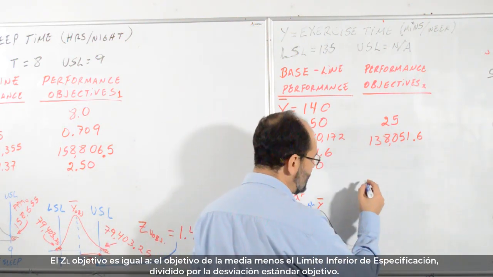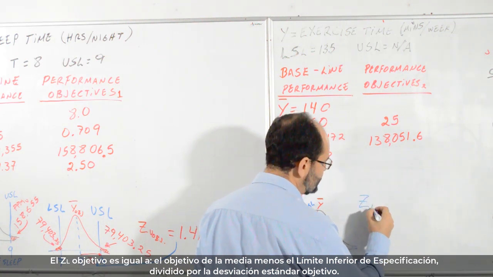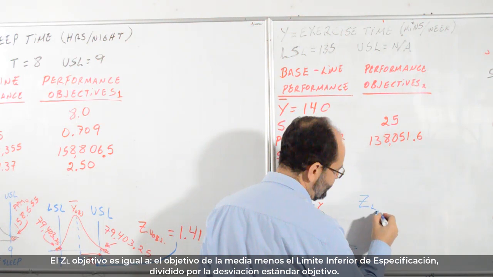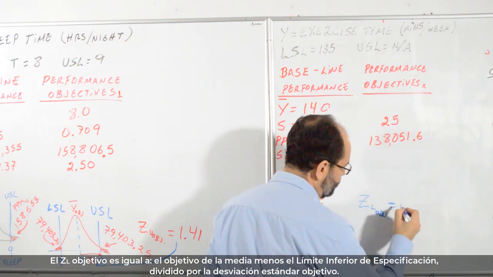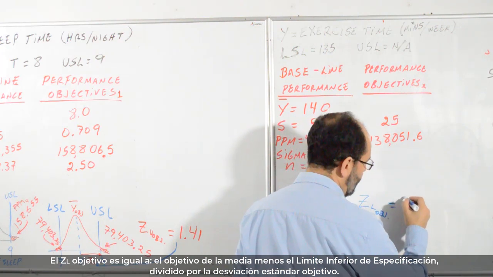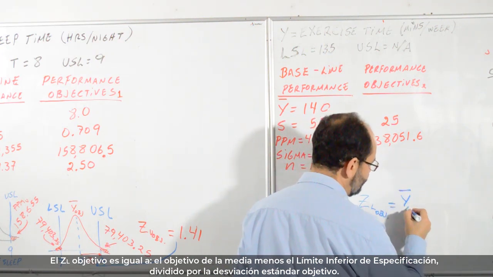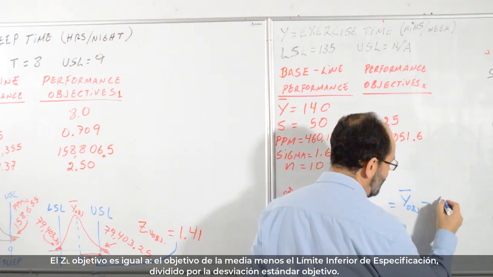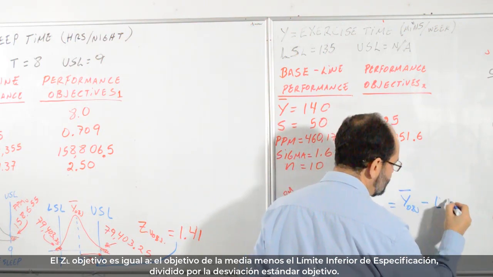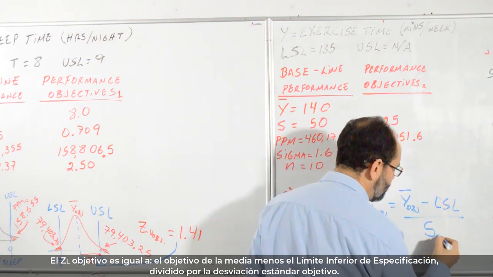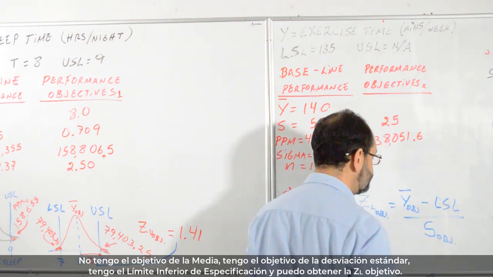So the Z lower objective is going to be the mean objective minus the lower specification limit divided by the standard deviation objective. Okay?